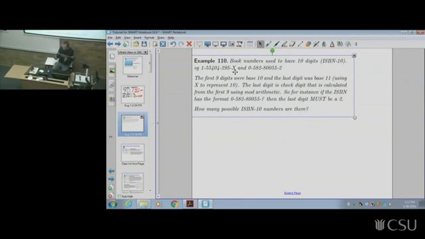I mentioned this particular example first just because it uses a non-standard base for some digits. Effectively, that last digit really is a check digit. It's a way, if someone types a random ISBN number in, to use a little algorithm to check if it's actually valid or not.